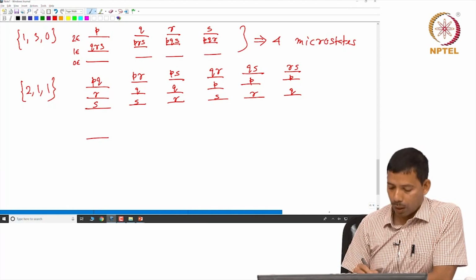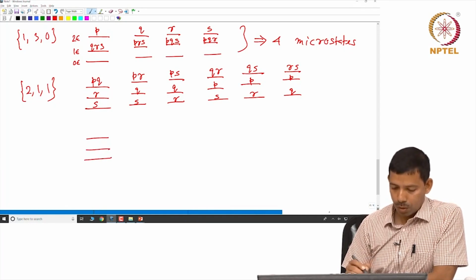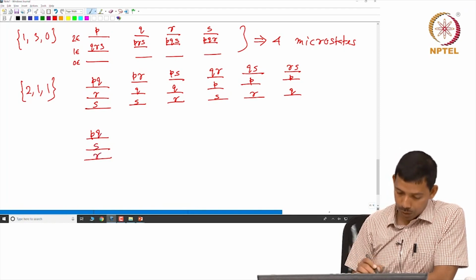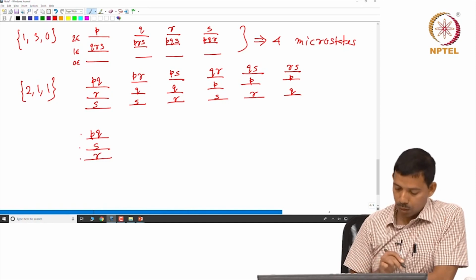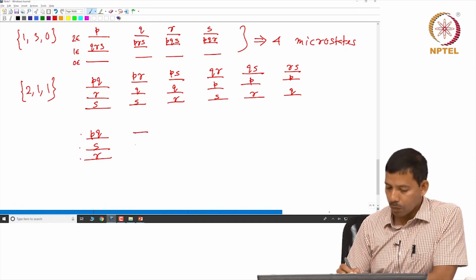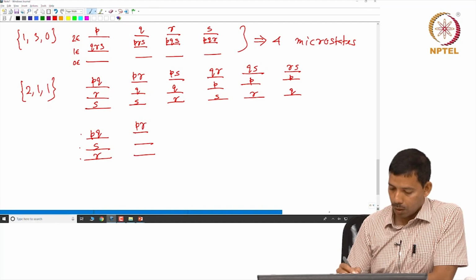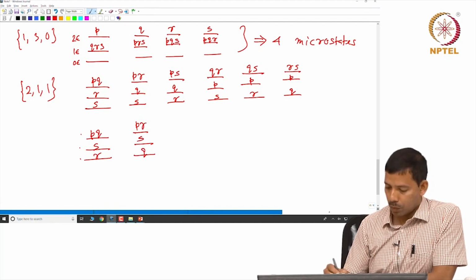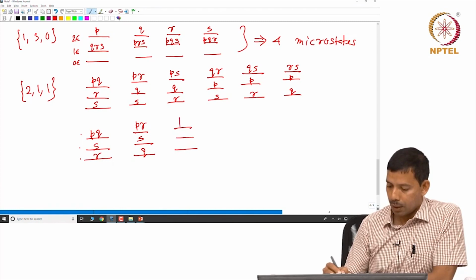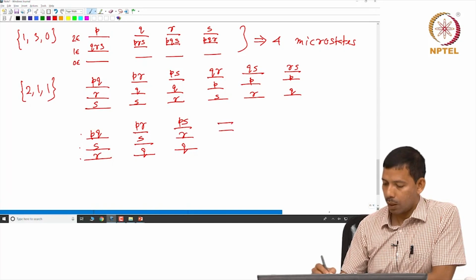We can also have 6 more. So basically we have PQ, SR. They are still 2, 1, 1 microstates. We have PR, SQ. We have PSRQ. We have QRSP. We have QSRP.